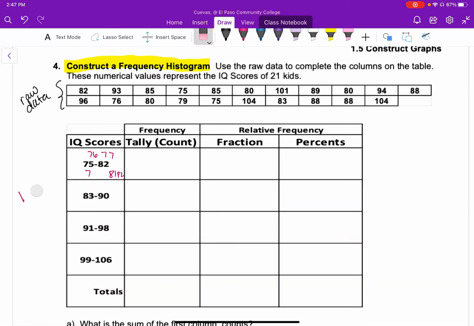Some other vocabulary that we've already seen is tally. A tally is when we count 1, 2, 3, 4, 5, so on. Our fraction and our percents, our fraction is going to come from a part over a whole. So overall, I feel ready to get started since I understand all my vocabulary.